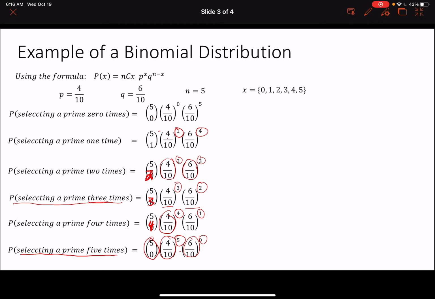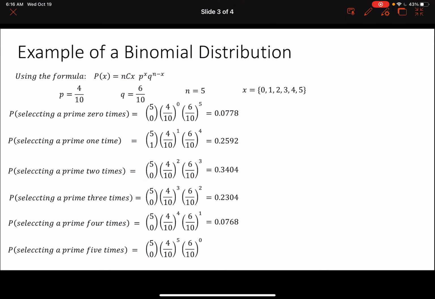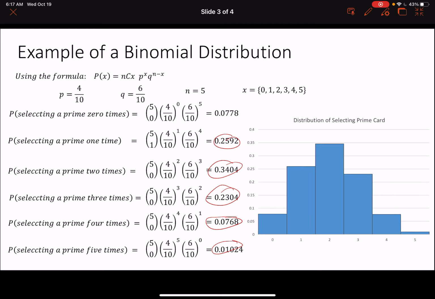Okay, so we calculate these values, and we end up getting like 7% here, almost 8%, 26% here, 34%, 23%, about 7%, and 1% of selecting prime 5 times.